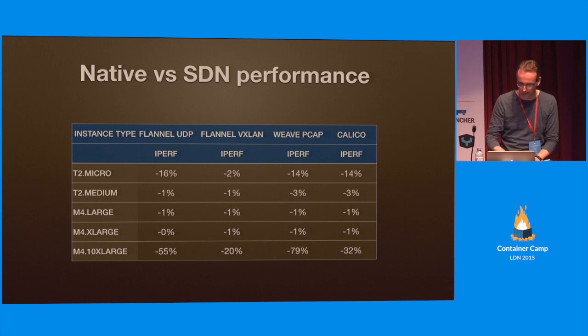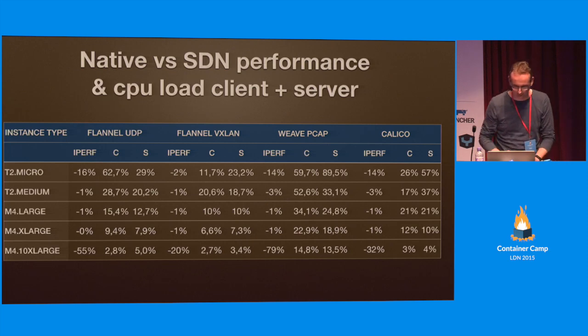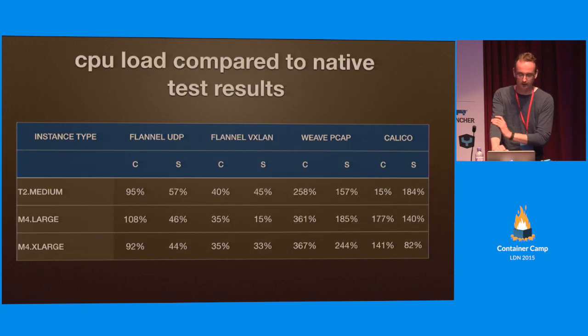So let's throw in something else, namely the CPU load. Those are a lot of numbers, but I compared both the client side and the server side with the actual performance. And if we simplify this table, then we get the following table, and it compares the CPU overhead with the native CPU load. And what we notice then is that the Flannel UDP load is quite high. On the client side, it uses twice the CPU load than the native one.